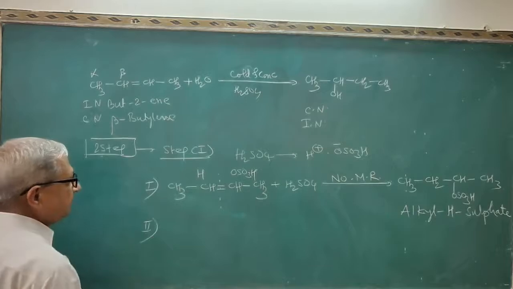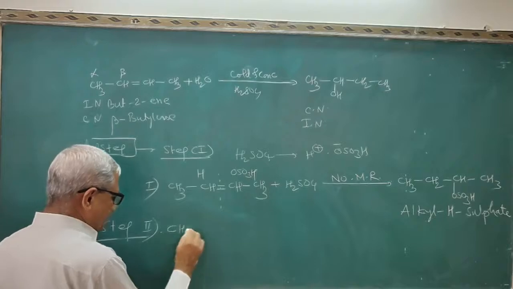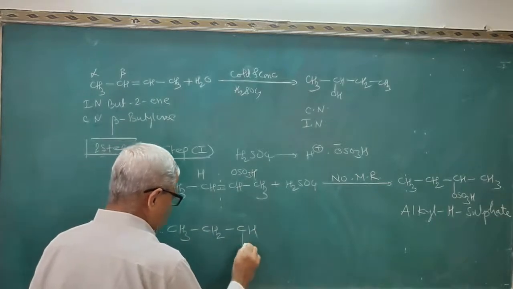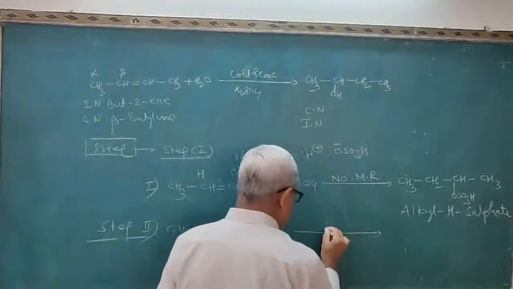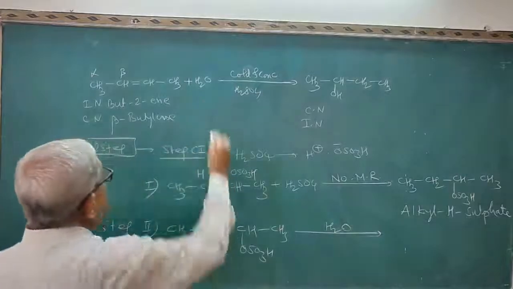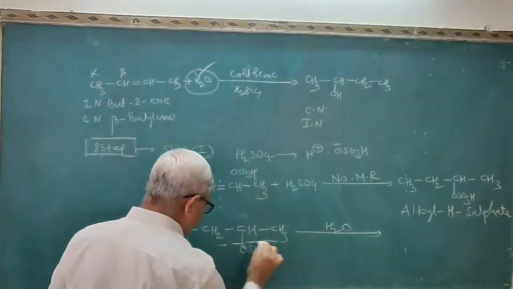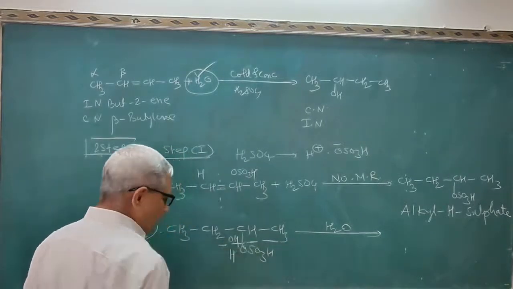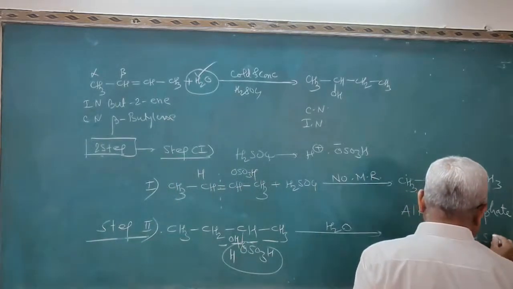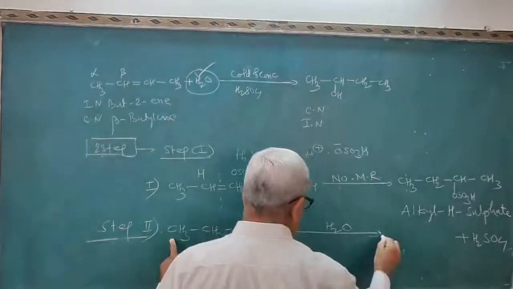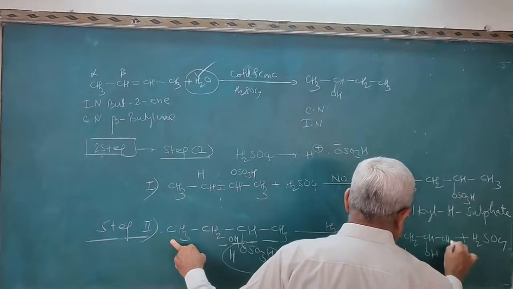Now the second step: alkyl hydrogen sulfate CH3, CH2, CH, OSO3H, CH3 is treated with water, H2O. See, addition of water is here. I will break this bond and write here H and OH. By this, you will get H2SO4. And see the product here: CH3, CH2, CH, OH, CH3.